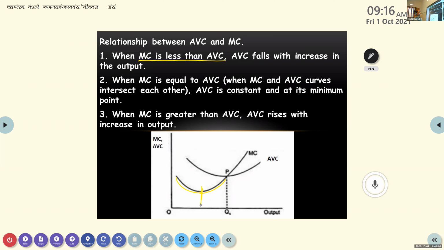See, this is the MC curve, right? This is going up like that. The MC curve is falling, falling, falling, reaches its minimum, then it starts rising. So what is happening to the AVC curve? Is it rising, falling, or the same? Falling. It is falling. That relation only they are telling here.